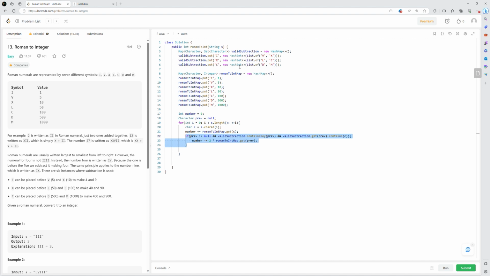first we will subtract the effect of the previous character 2 times. Once because we have already added it, so we have to cancel that out, and the second time because it's a valid subtraction, we have to remove the value from the current character.